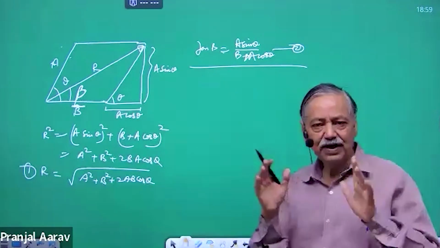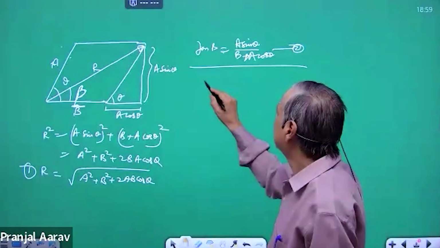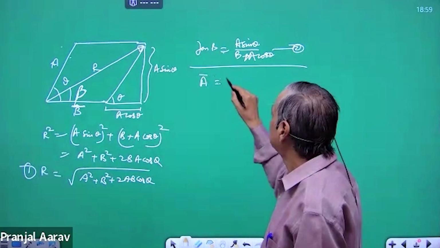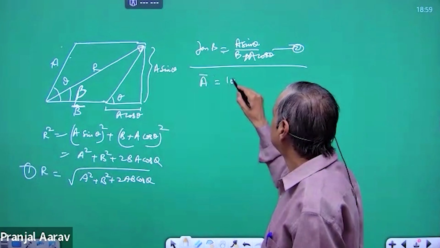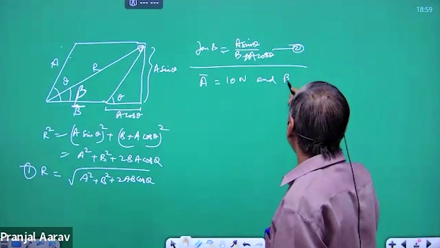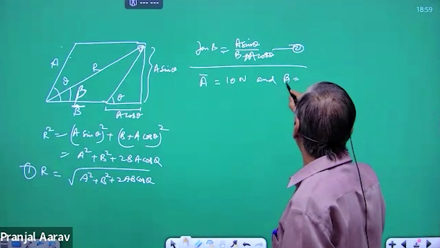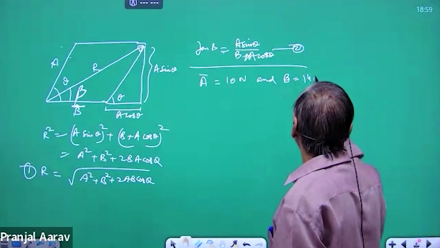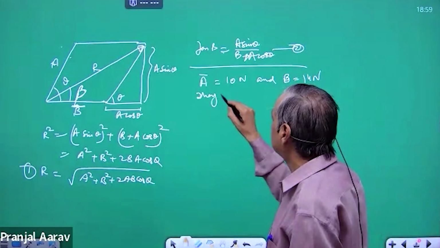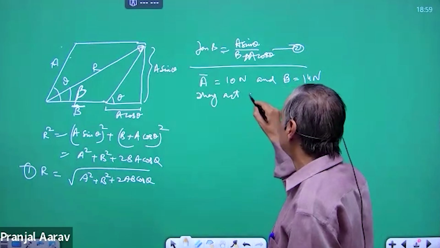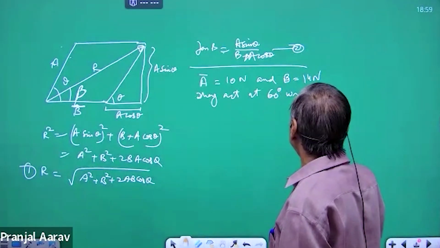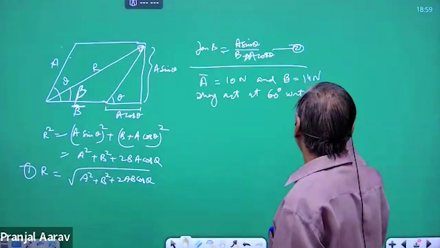I will take one example here. A is equal to 10 Newton and B is equal to 14 Newton. They act at 60 degree with respect to each other.